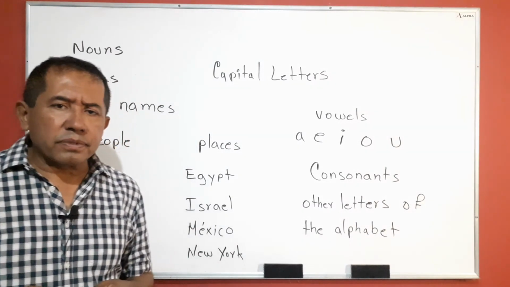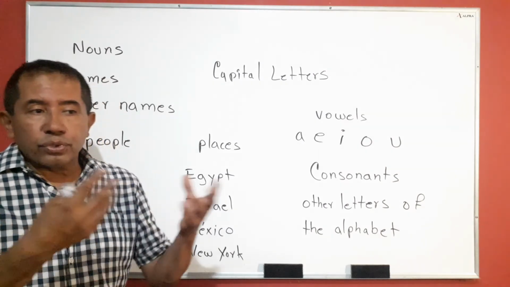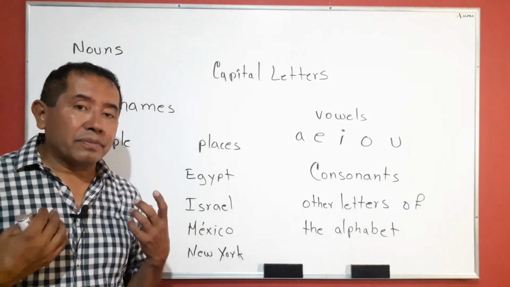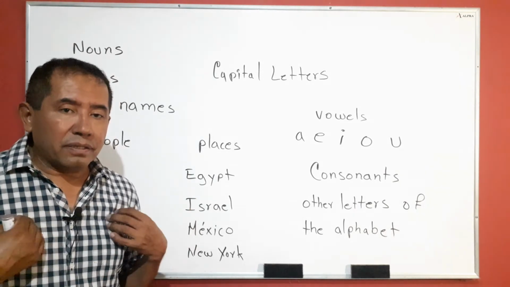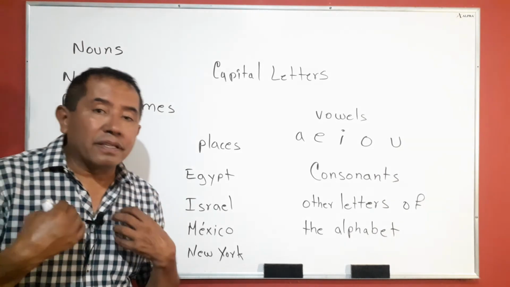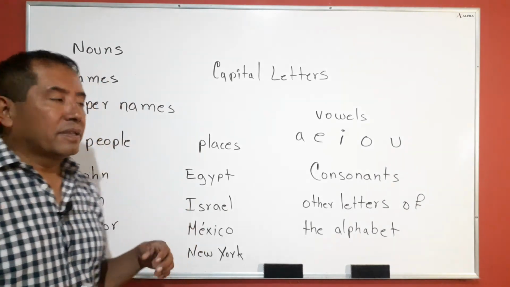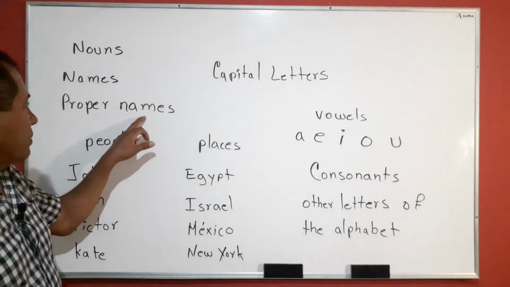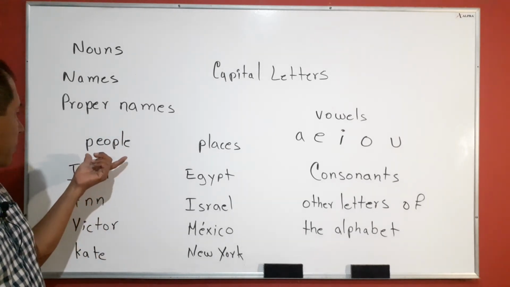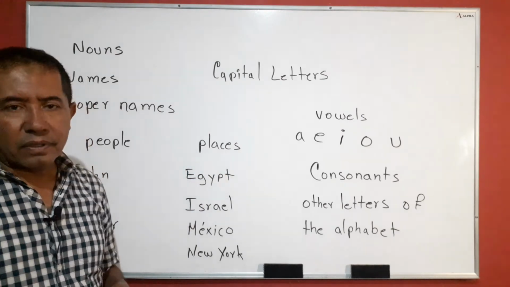And we have proper names. Why proper names? Because it's mine. It's not yours. Epifanio is my name. It's mine. So it's proper of me. It's a property of me, my name. That is why it is a proper name. They need to be a proper name for people and for places.